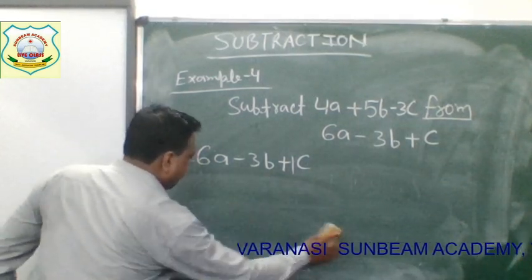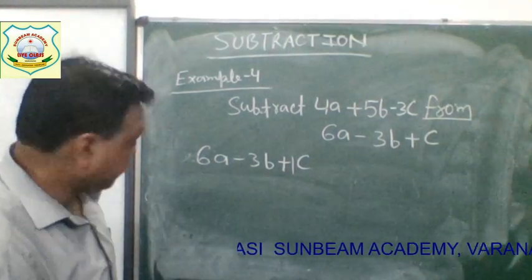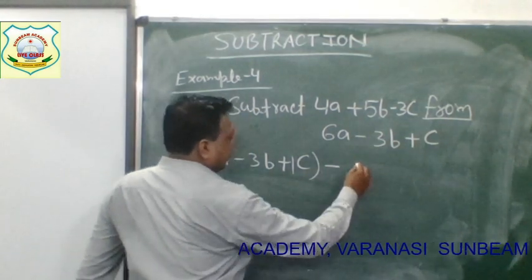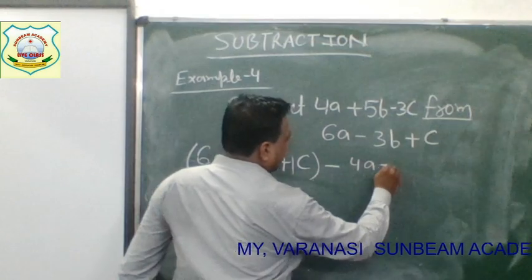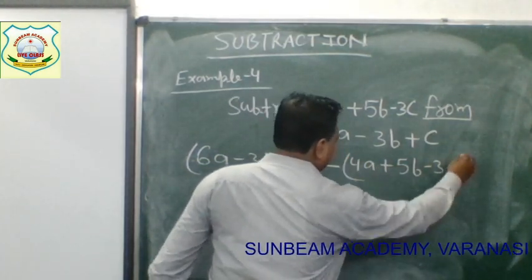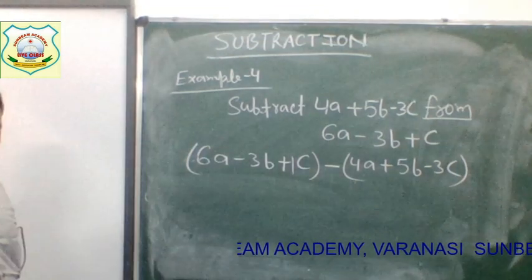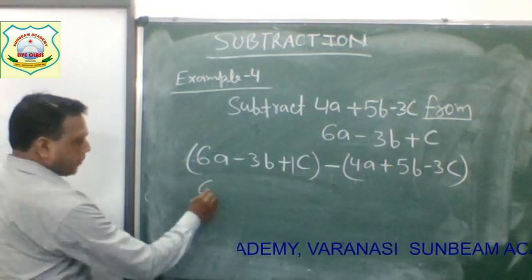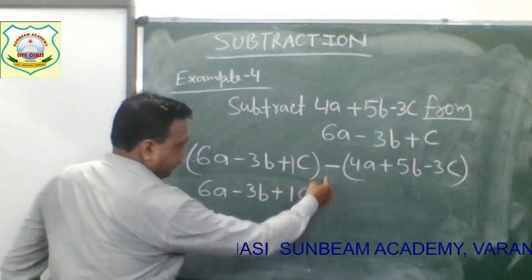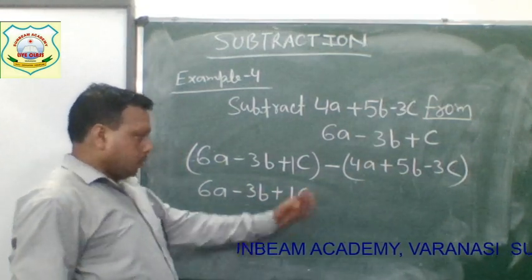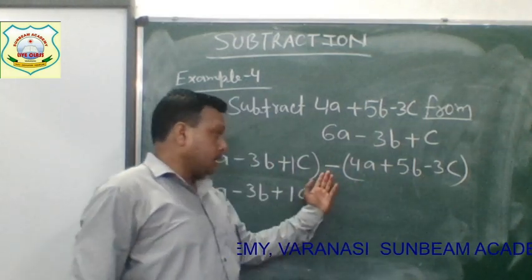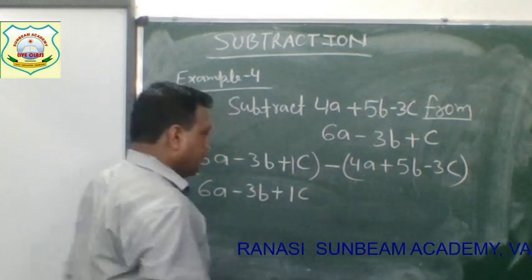Students, vertical method, horizontal method. Minus 4a plus 5b minus 3c. Look at one: 6a minus 3b plus 1c. Now minus is here, so we have told that if a plus sign is here, no sign will change, but if minus is here, then the sign will change.